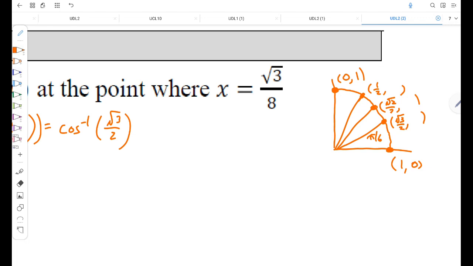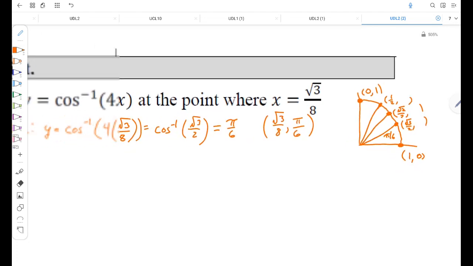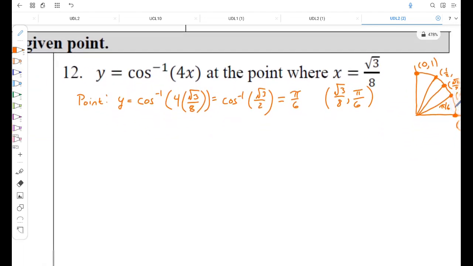So the inverse cosine of root 3 over 2 is pi over 6. That means our point is root 3 over 8, comma, pi over 6. And we have 2 of the 3 numbers that we need for our tangent line. All right, so there's our point.